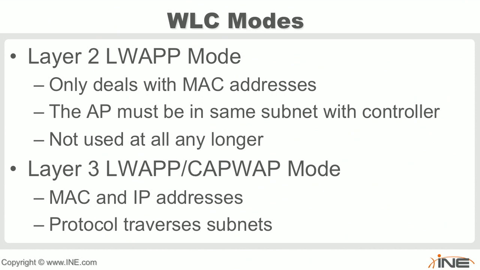Or even, LWAP supported this layer 3 mode as well. So we're not only dealing with MAC addresses, we're dealing with MAC and IP addresses between the access point and the wireless LAN controller. And of course, the protocol has to traverse subnets. And therefore, the access point has to be able to broadcast and discover across subnets.